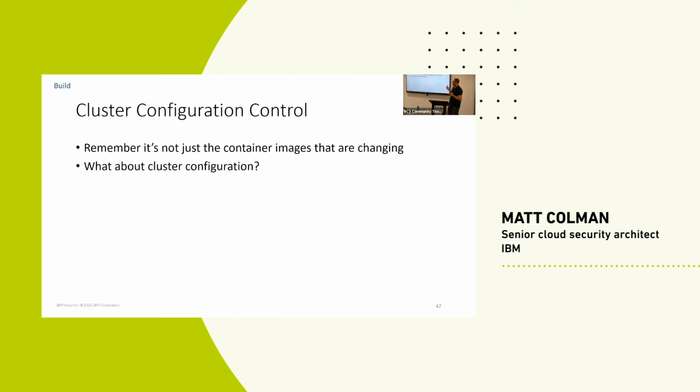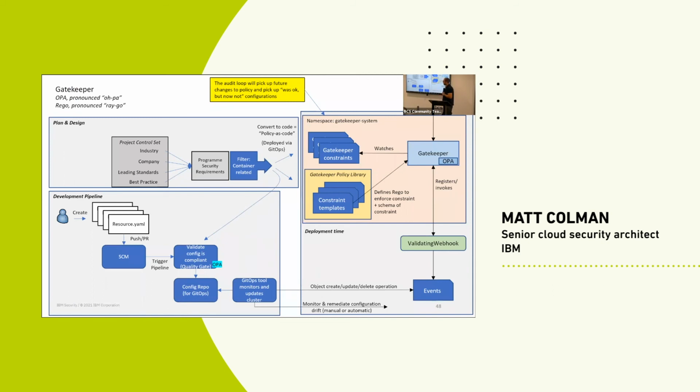Now, I think from memory, the next slide is a little bit of a scary picture. This is effectively, for anyone that is aware of it, something called OPA, Open Policy Agent, and there's OPA Gatekeeper, which is a first-class citizen in the Kubernetes world of OPA. You can take all of the controls that you need from a security point of view, all of these security requirements, filter anything relevant to containers, and then say, right, we're going to create policy as code, and that's a really key thing to look at from a cluster point of view as well.